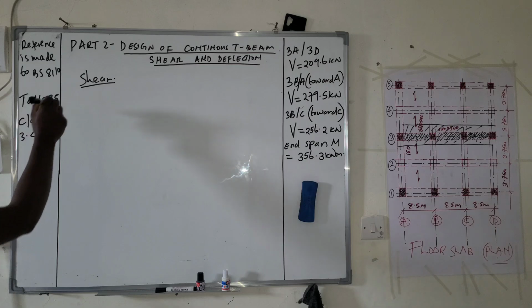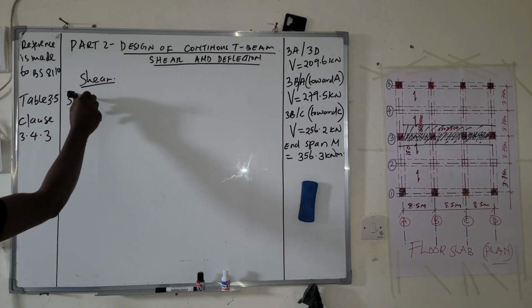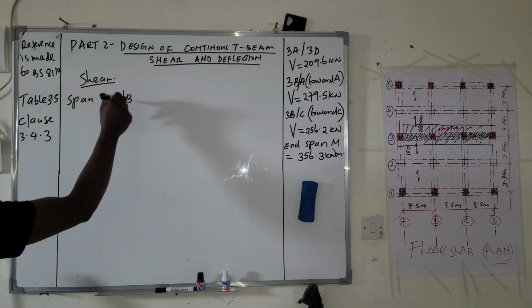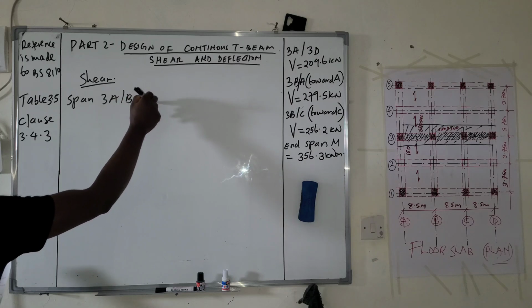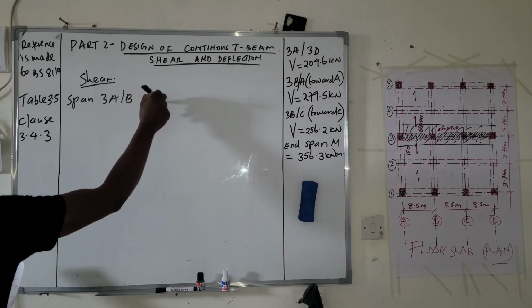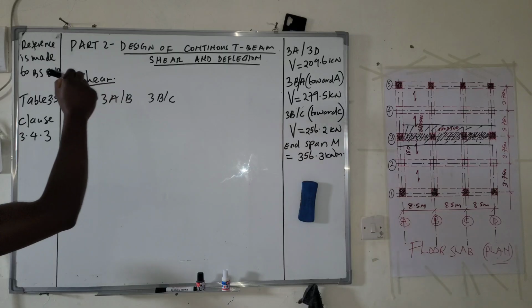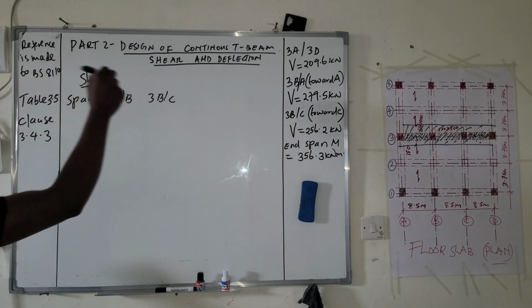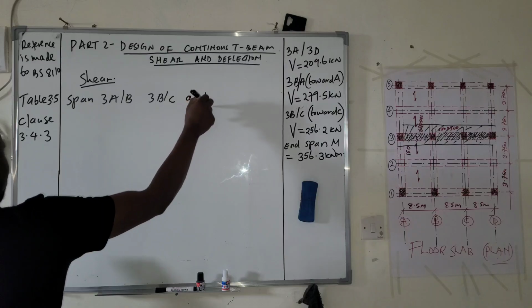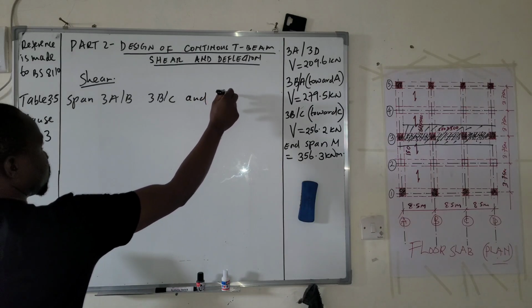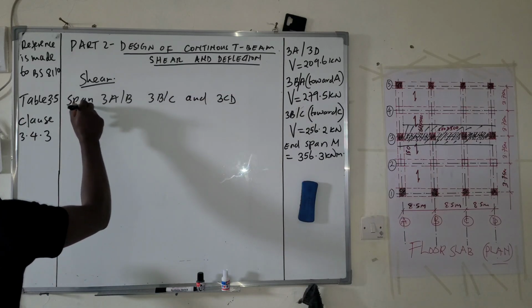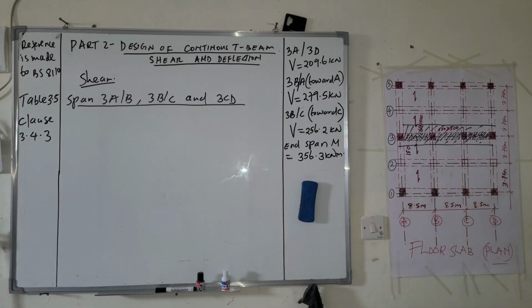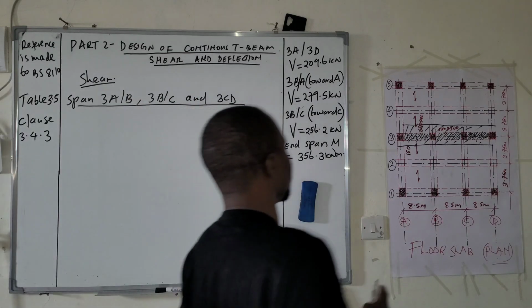So span 3AB, 3BC, and 3CD. So this is span 3AB.